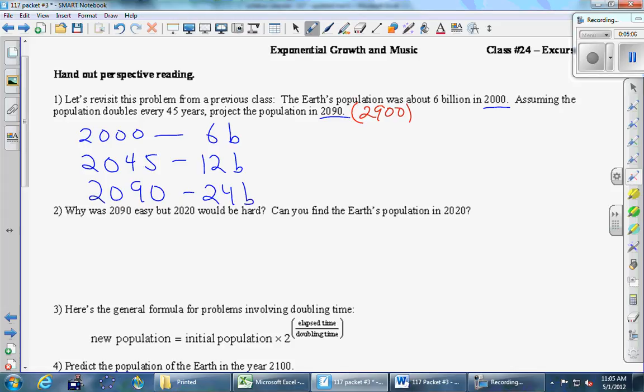So let's think of a better way. Remember last class or a couple of classes ago, we talked about different growths, linear and exponential. For linear, you gain the same amount every time. For exponential, you multiply by the same amount every time. Which one is this? This is multiply. Every time something happens, what are we multiplying by?